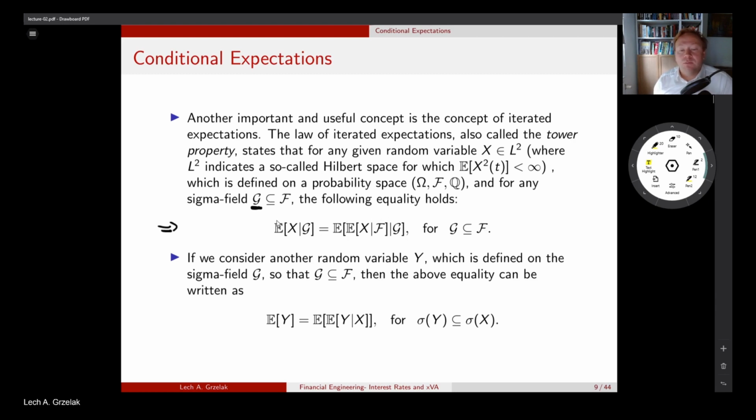Although I'm pretty sure that there are not so many exercises, or you may not be able to really indicate how to use this property, it is an extremely powerful tool in financial engineering.